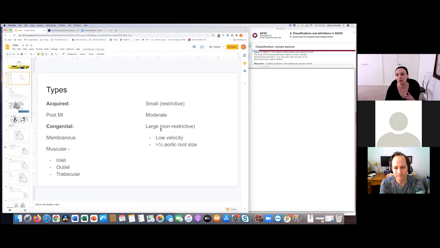Large is going to be glaringly obvious because it's going to be associated with other complex congenital heart diseases. You're probably not going to see an isolated large VSD. It's going to be part of some tetralogy or some other constellation of congenital heart disease. What you will probably see in adults is these small restrictive VSDs, because they go basically unnoticed for a really long time and they don't cause a lot of hemodynamic effects.